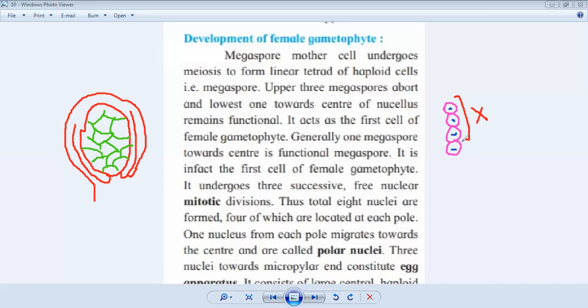That means these upper 3 cells degenerate, okay, degenerate. The lowermost cell becomes functional, and it acts as the first cell of the female gametophyte. Generally, one megaspore toward the center is the functional megaspore. It is in fact the first cell of the female gametophyte. So the functional megaspore is considered the first cell of the female gametophyte.